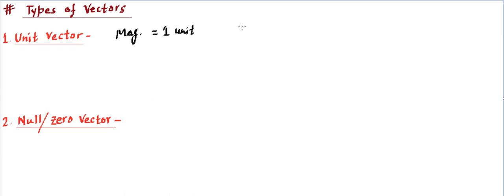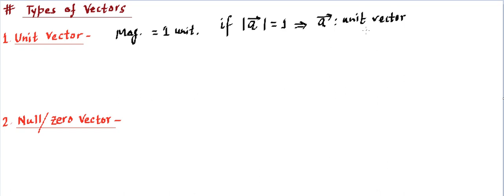That means if I say the magnitude of a vector A is 1, then we can claim that this A vector is a unit vector. Making sense? So a unit vector basically talks about a vector which has unit magnitude, 1 magnitude.